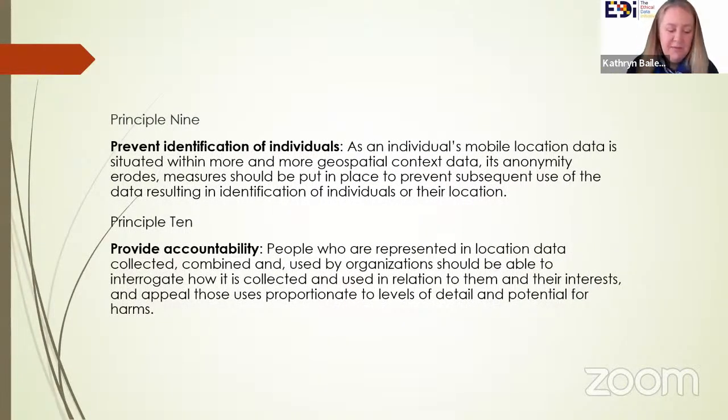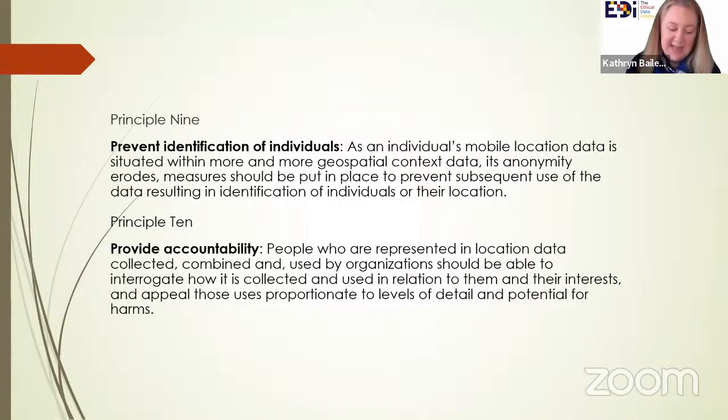Principle 9, prevent identification of individuals. As an individual's mobile location is situated within more and more geospatial context data, its anonymity erodes. Measures should be put in place to prevent subsequent use of the data resulting in identification of individuals or their location.